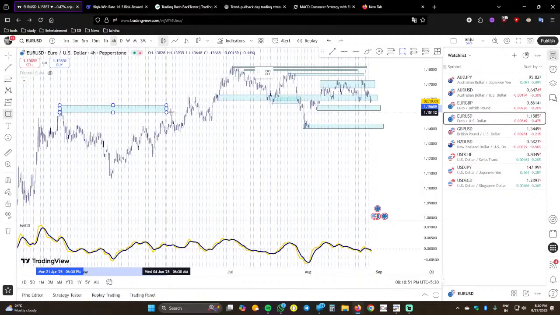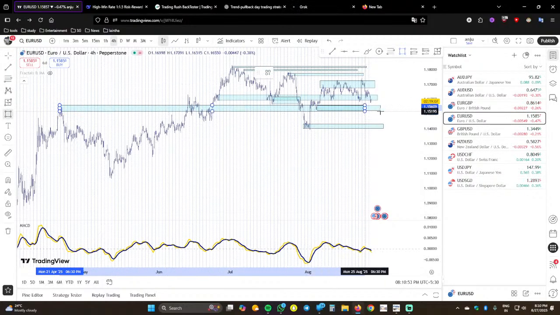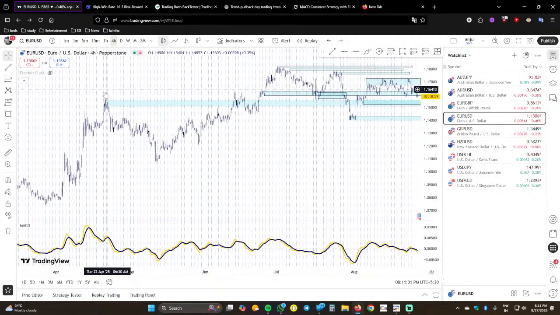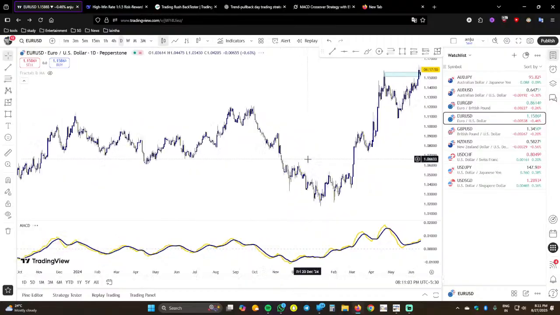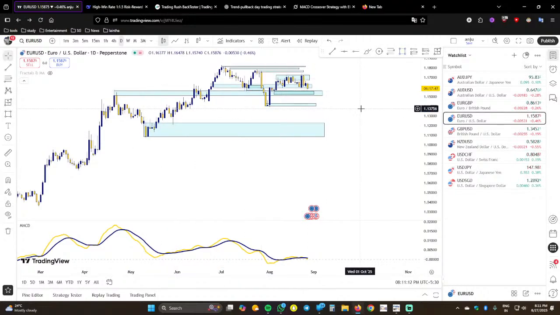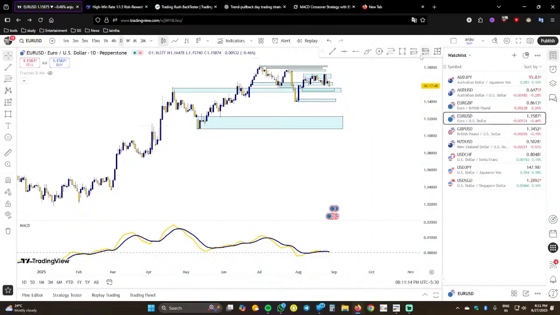Is this going to be a resistance? How long is this going to be a resistance? Really don't have any idea. No one has any idea how these things work. They just say this is a resistance and there's lots of liquidity above that, below this, all that bullshit. It's happening a lot everywhere. No one knows anything about anything.